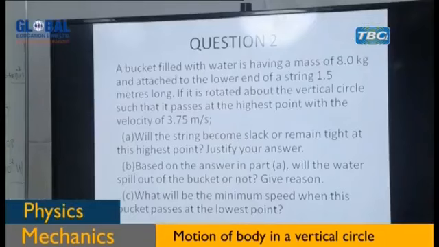Based on the answer in part A, will the water spill out of the bucket or not? Give reasons.